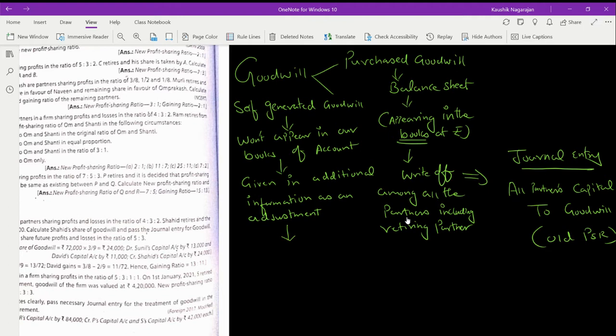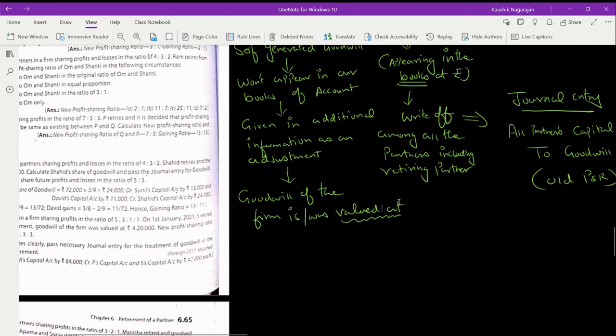Now, what is the clue word? It will be mentioned that the goodwill of the firm is or was valued at, whereas appearing in the books means it is purchased goodwill, valued at means self generated goodwill.